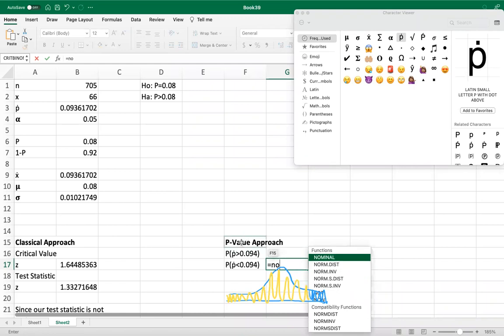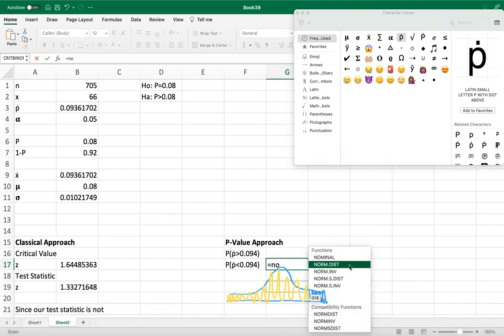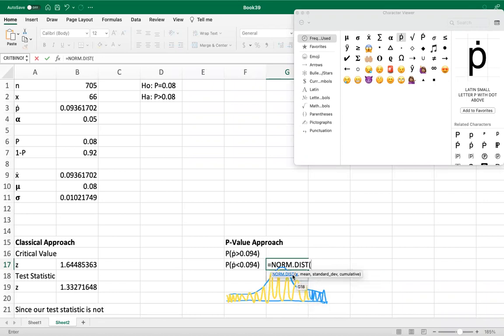Remember, the p-value is a probability of us falling into these rejection regions. So we're looking for an area. So here x is going to be the value that we're searching for, p hat. The mean, we would just take the mean here, standard deviation, we take standard deviation. And lastly, cumulative, true, because we want the entire accumulation of everything under the area under the curve.